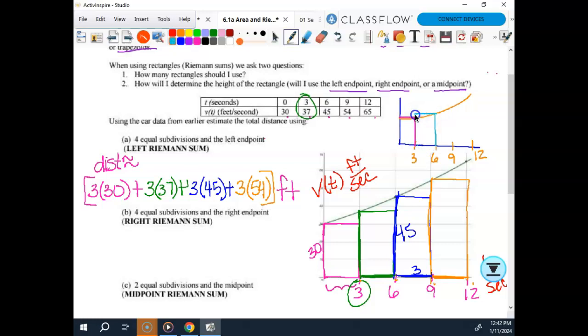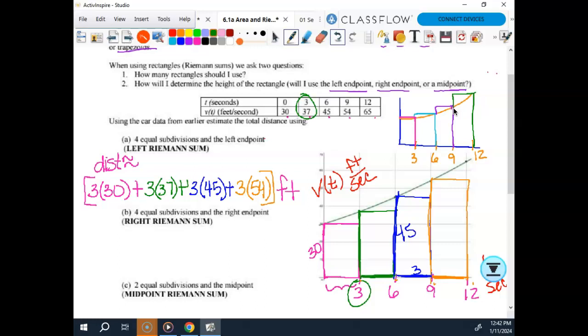Drop down, draw to the left. Then I go to 9, the right-hand side of the rectangle, drop down, draw to the left. And then do the same thing for 12. Except kind of don't make it to 12, but good enough.